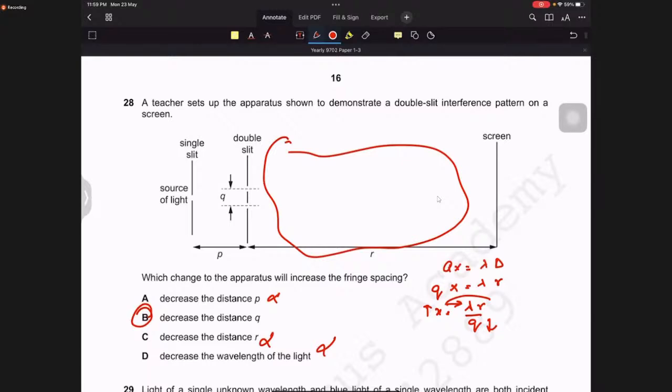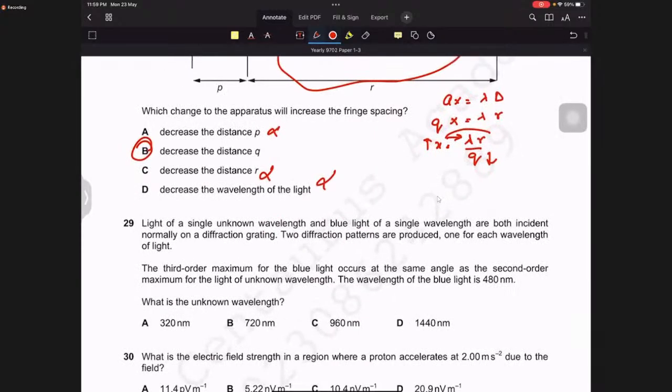Now, light of an unknown wavelength and blue light of a single wavelength are both incident normally on a diffraction grating. Two diffraction patterns are produced, one for each wavelength. The third order maximum of blue light occurs at the same angle as the second order maximum of the unknown. n1 lambda 1 equals n2 lambda 2.